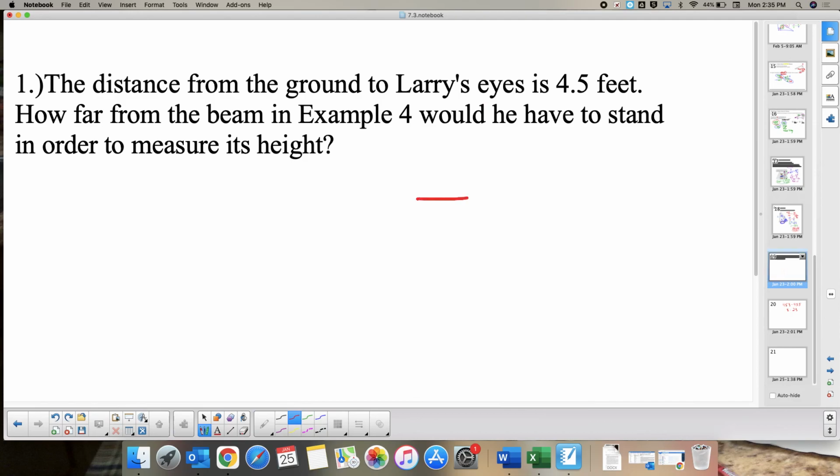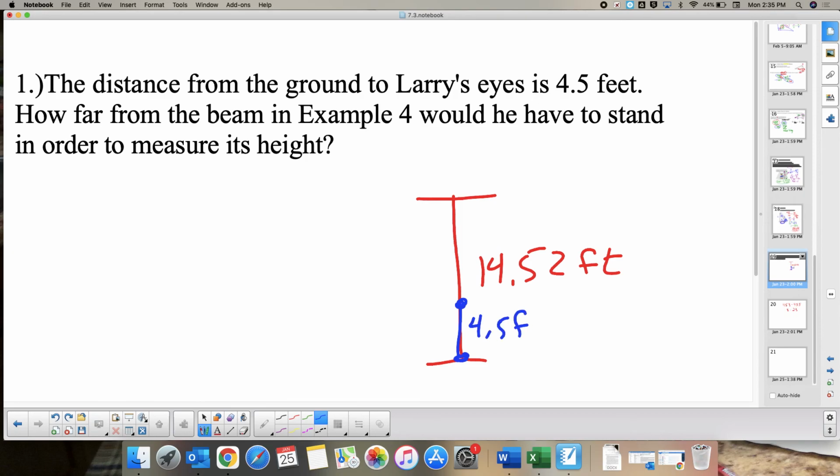So here's that beam, 14.52 feet. It says the distance from the ground to Larry's eyes now is 4.5 feet. They want to know how far away does Larry have to stand to measure its height.